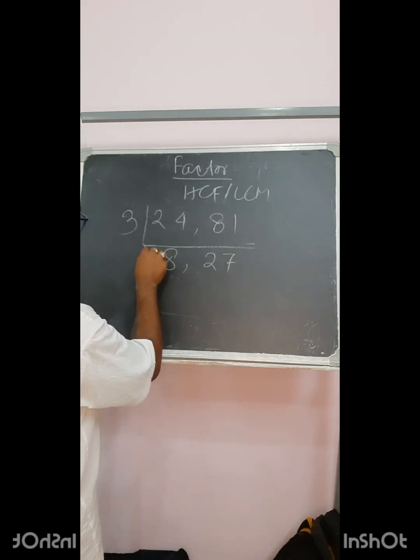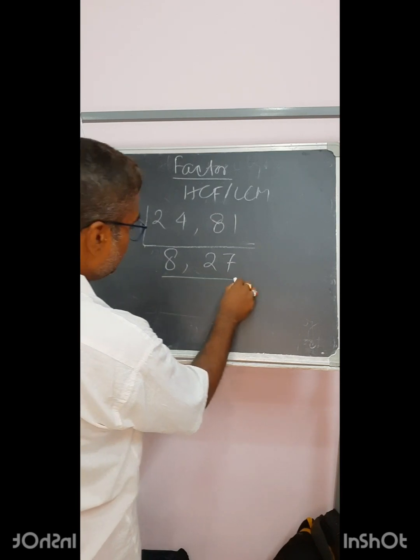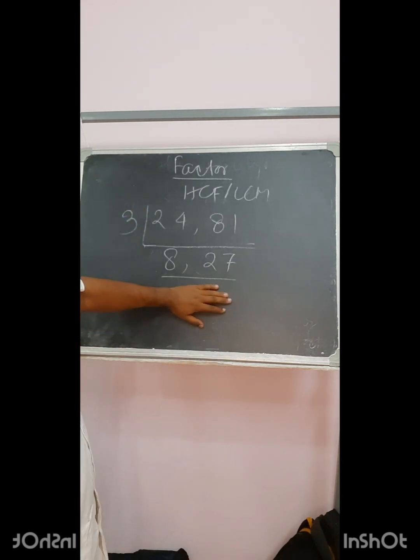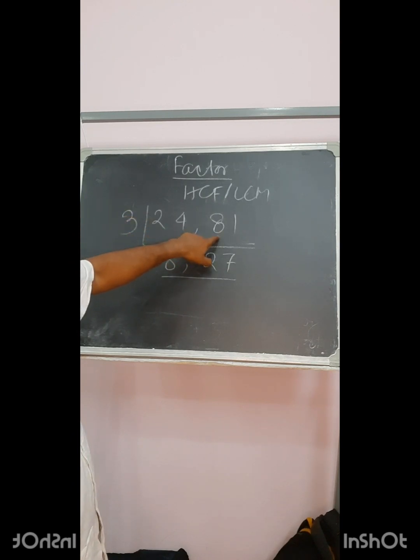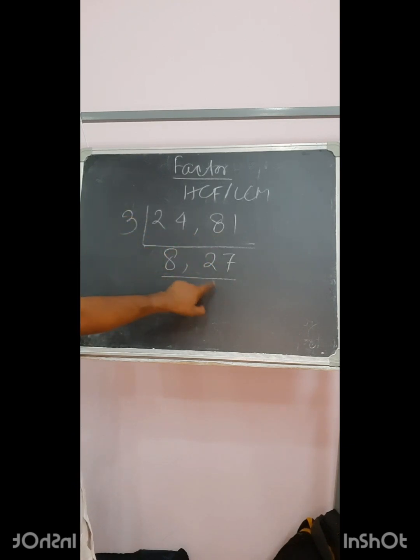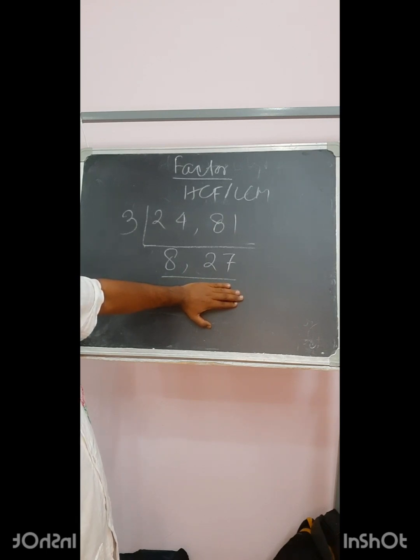So you can see after that these are not having a common factor. So I will end up here and I will get 3 as the HCF for this, and if you multiply all this it will give you the LCM. Okay, so you have to stop here. You need not calculate further because there is no common factor further.